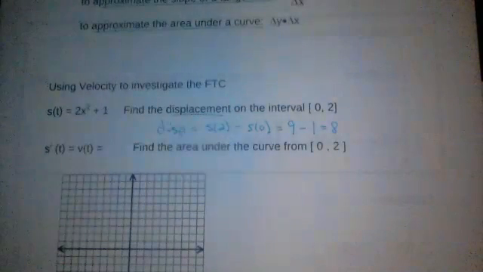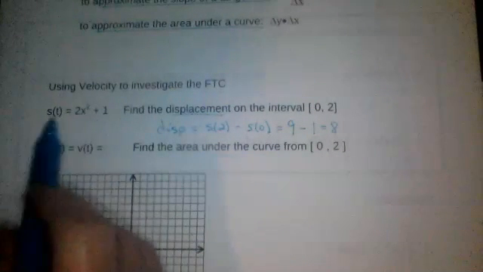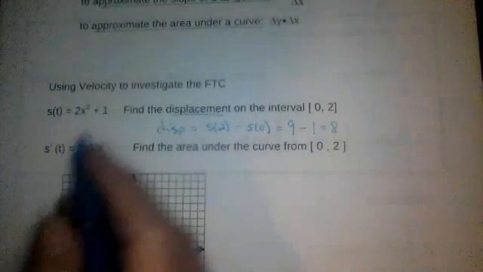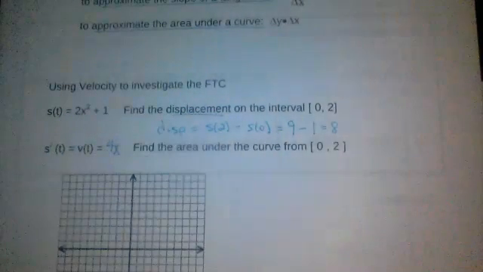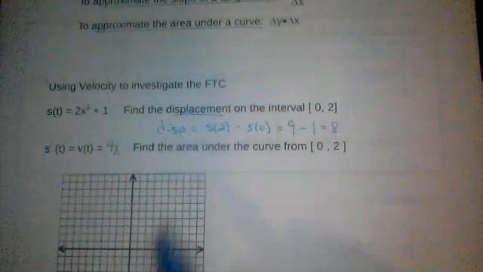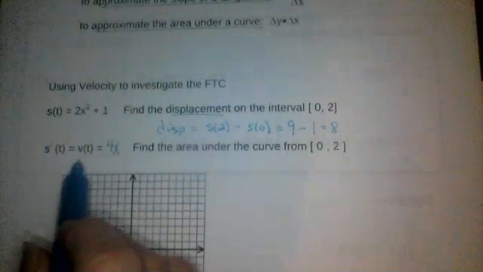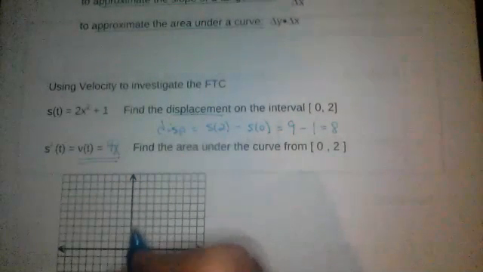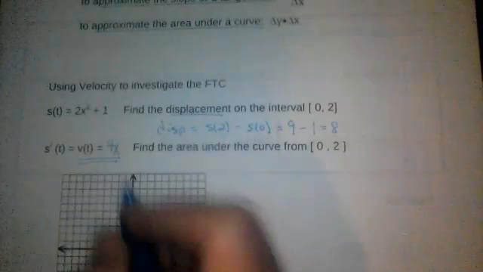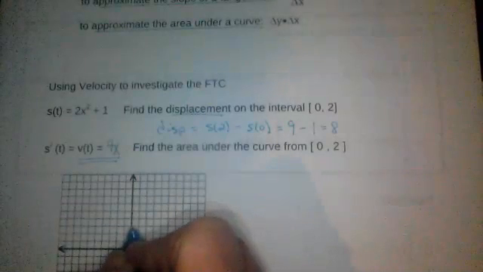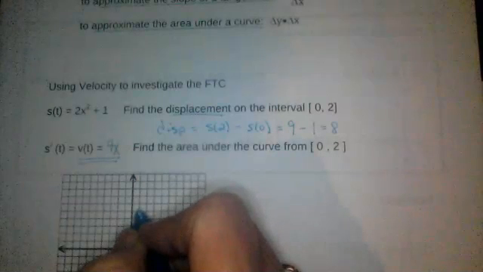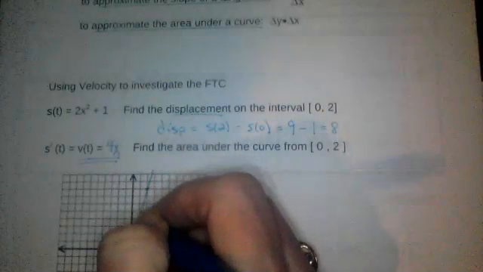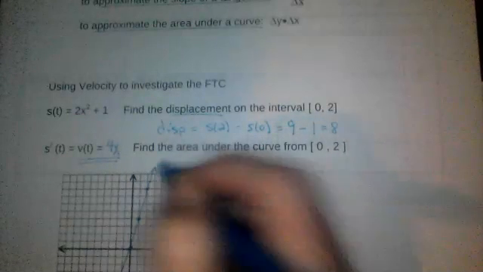So let's look at that another way. If I take the derivative of this function, which would give me the velocity, derivative of position is velocity, I would get 4x. So now they're asking me to use this equation to find the area under the curve from 0 to 2. So I'm going to graph y equals 4x. So up 4 and over 1. Look at this line.